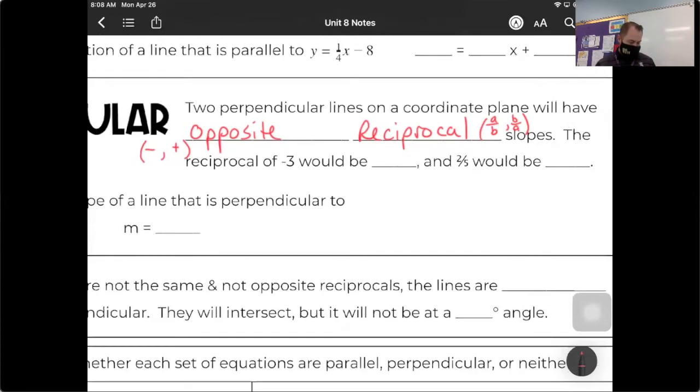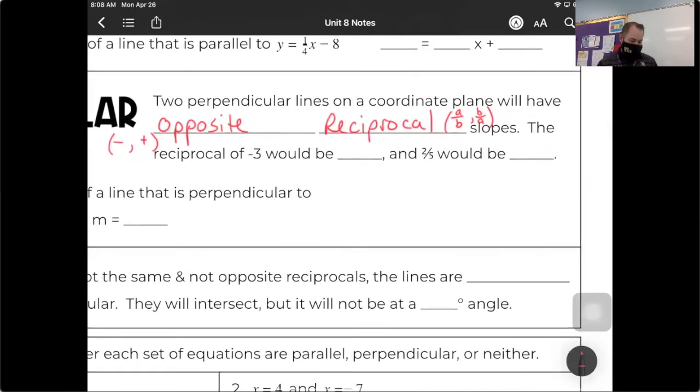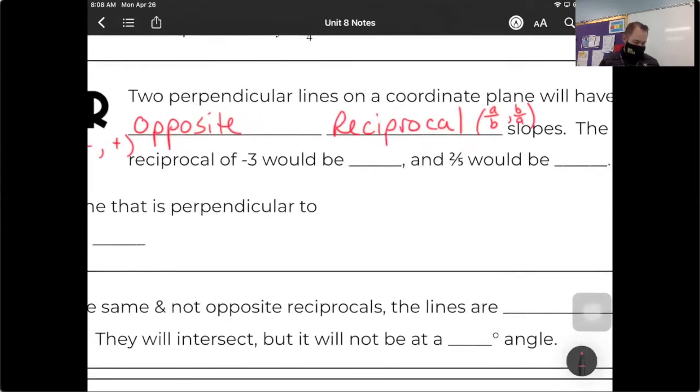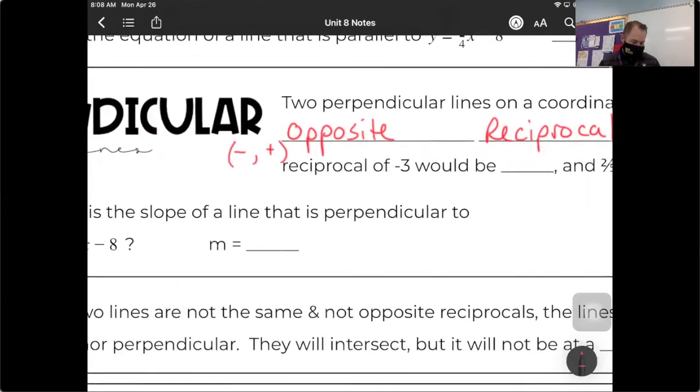All right? So the reciprocal of -3 here would be positive. Oh, sorry, this is missing a word. I actually want the opposite reciprocal. The opposite reciprocal of -3. What's the opposite of negative? Positive.